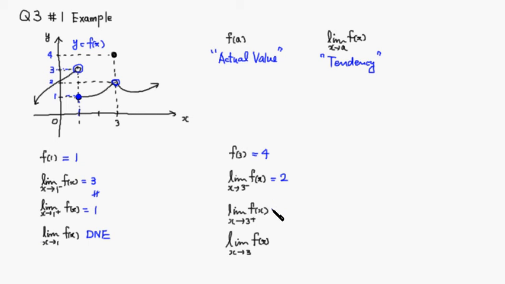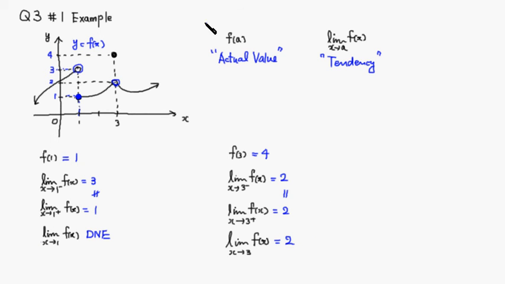And for the right-hand limit, you're coming from the right, heading toward actually the same point, so the corresponding y value is 2. When the left-hand limit and the right-hand limit agree with each other and give you exactly the same value, then the regular limit is going to give you that same value.